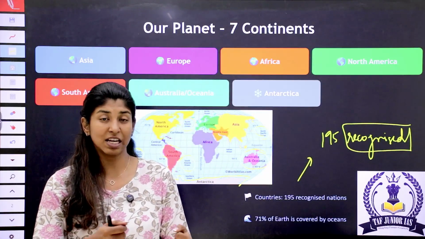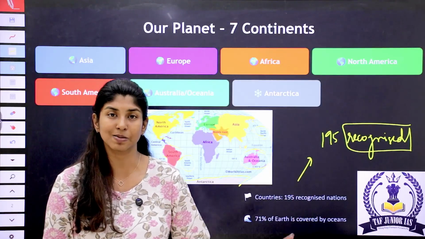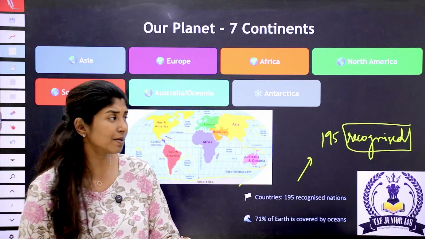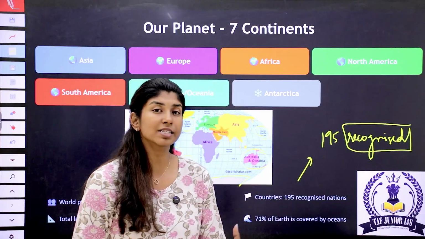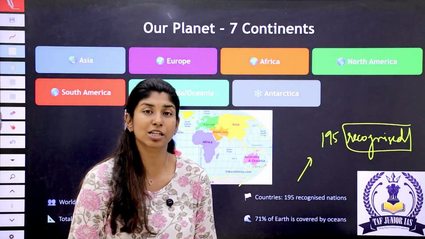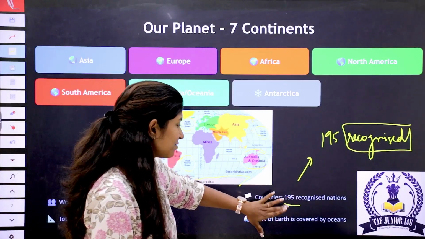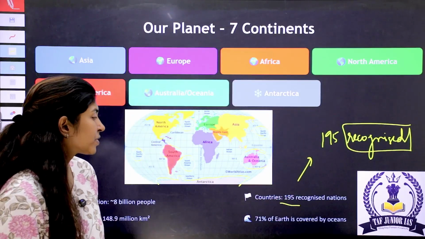Some people are asking for countries, whereas some people think, this is my country, I am calling this my own country. So sometimes those countries are not recognized by other people or by international organizations like the United Nations. So right now we have 195 recognized countries.